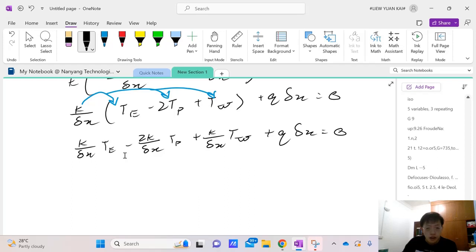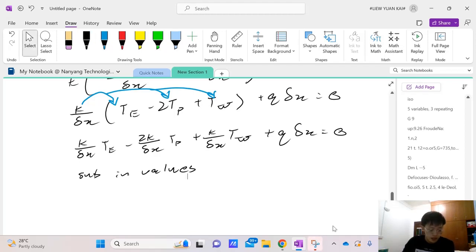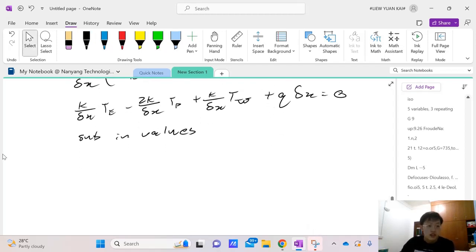Now we're going to substitute all the values. So we're going to calculate all the terms that we see here, and then substitute in. Remember the whole thickness of the wall is 2 cm, and we discretize it into 5 grids, correct?